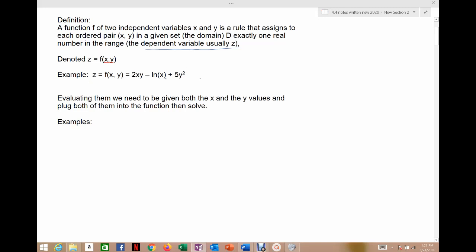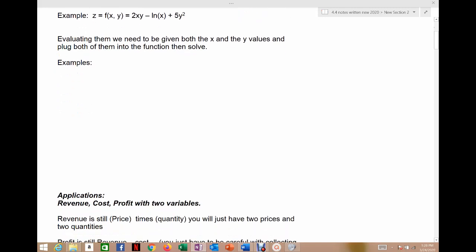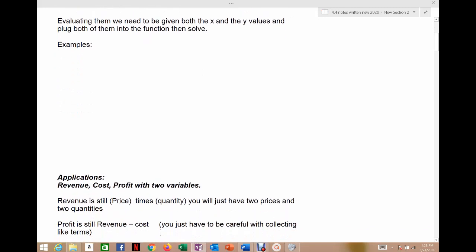So a simple example would be this function here. f of x and y is the function where I take 2 times x times y, subtract the natural log of x, add to it 5 times y squared. When I plug my x and y values into that, I should get a z value out. I'm going to do a couple of simple examples where we'll evaluate. Evaluating means solve for.